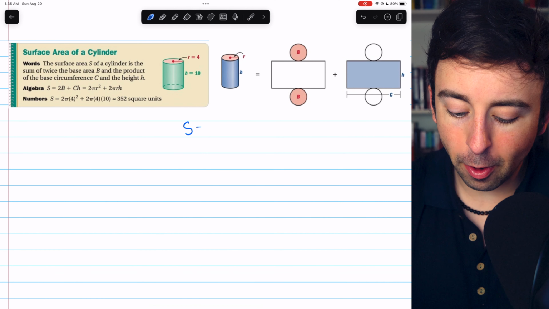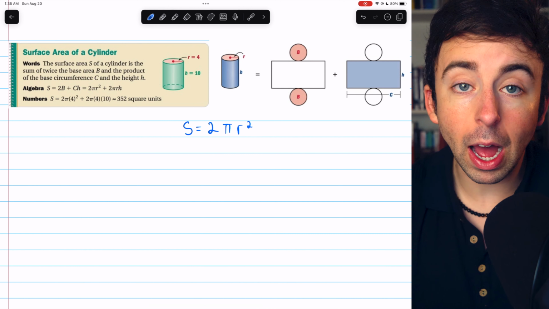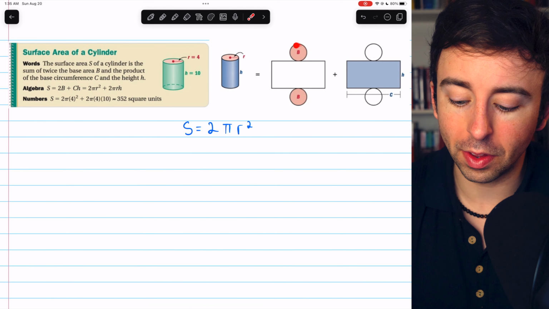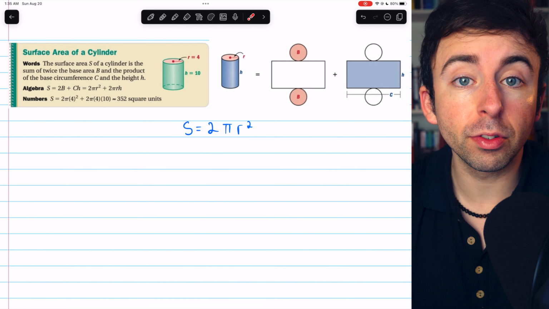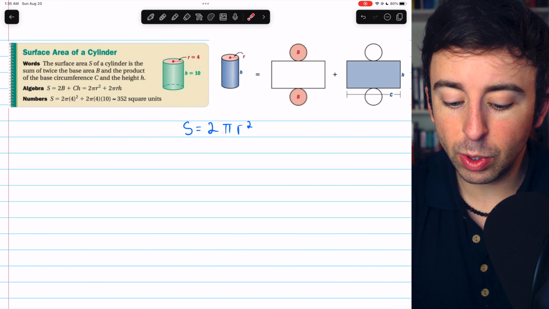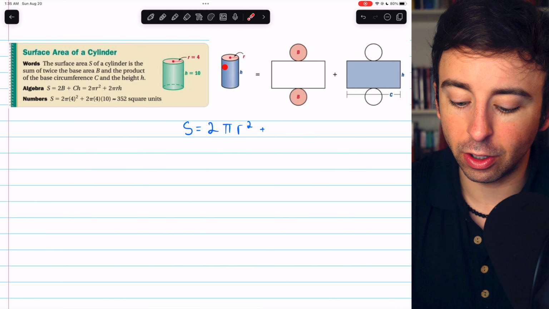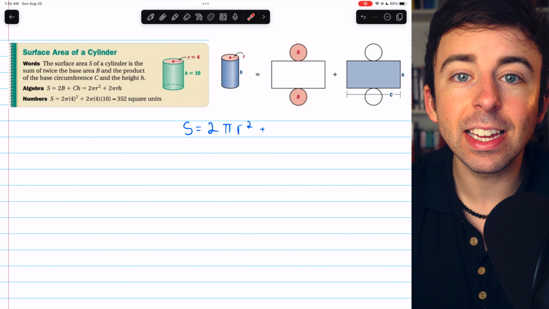So the surface area of a cylinder is going to consist of 2 pi r squared. That's a pi r squared for the circle on the top and a pi r squared for the circle on the bottom. And then we just need to add in the surface area of the rectangle, which is like that main body of the cylinder.